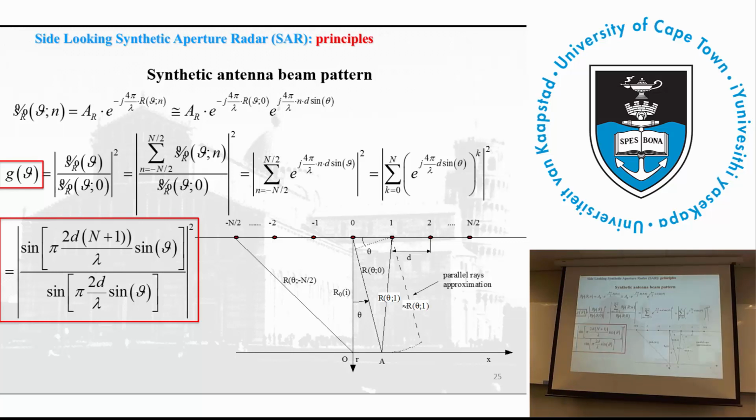Well, this is a well-known result. You can demonstrate this. It's the sum of the first n elements of a geometric progression. And q, of course, must be, in this particular case, between 0 and 1.